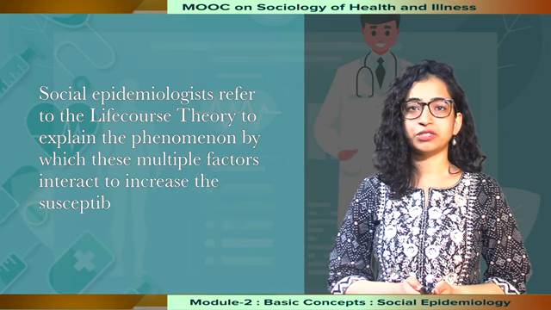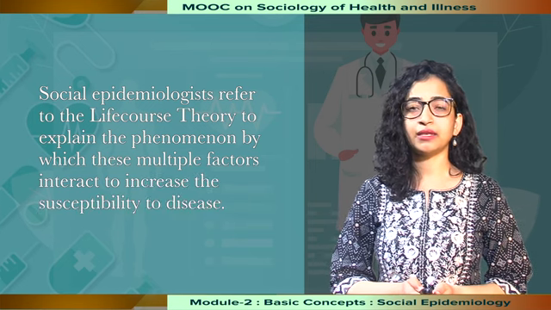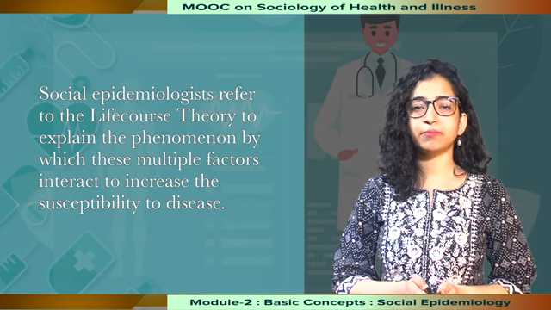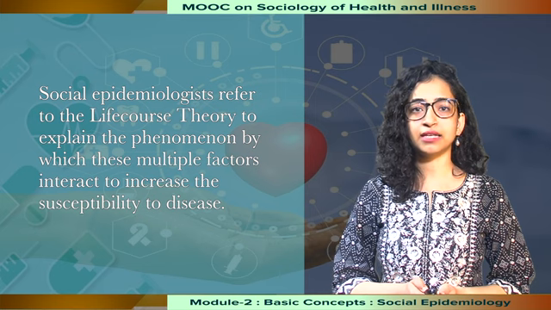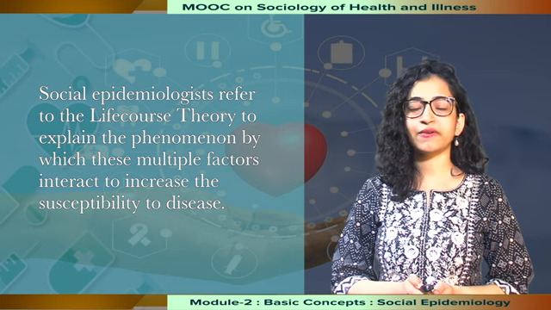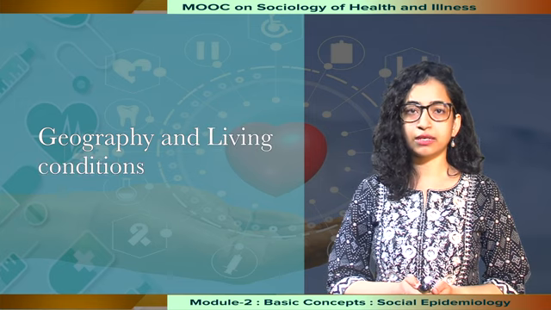Social epidemiologists refer to the life course theory to explain the phenomena by which these multiple factors interact to increase the susceptibility to disease. Some of these factors can be the geography and the living conditions of individuals.